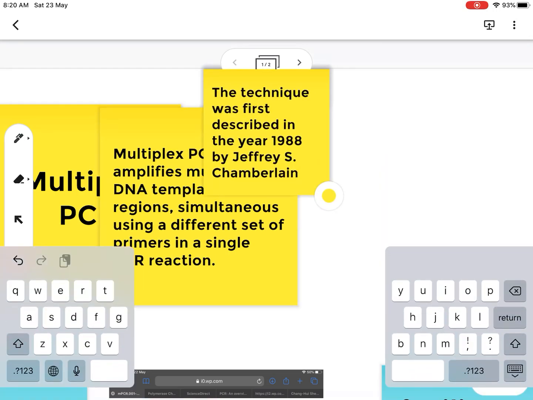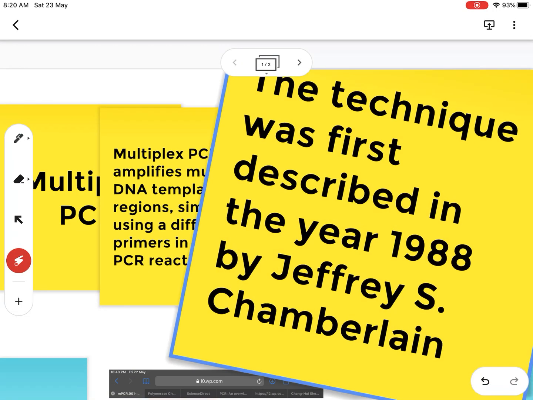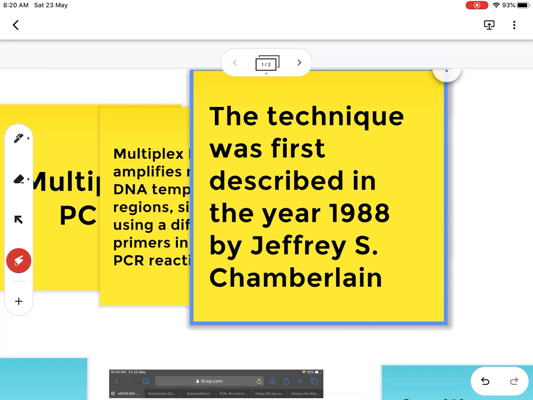This technique was first described by Jeffrey S. Chamberlain in 1988. Along with his co-workers, he was working on the dystrophin gene locus of muscular dystrophy patients, which had been amplified by them.